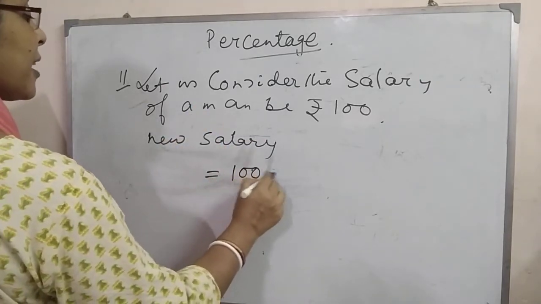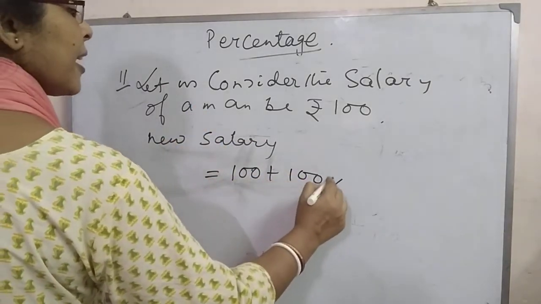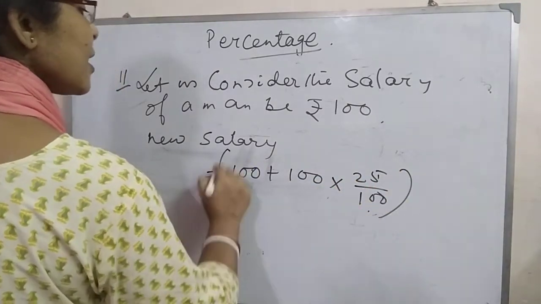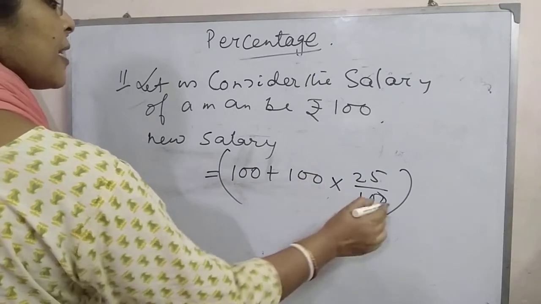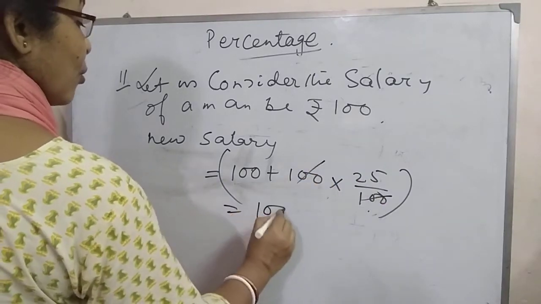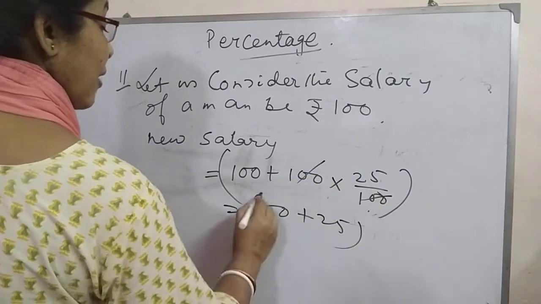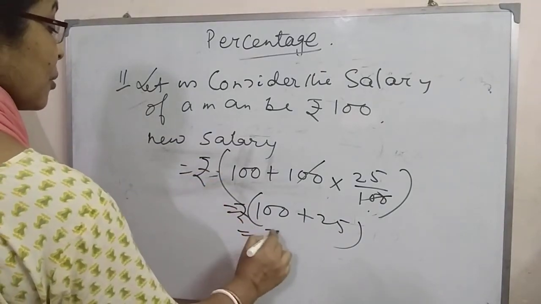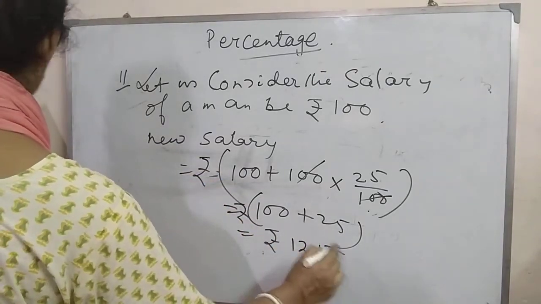That means 100 plus 100 into 25 by 100, 25% of 100, that is 100 plus 25 rupees. This is equal to rupees 125.